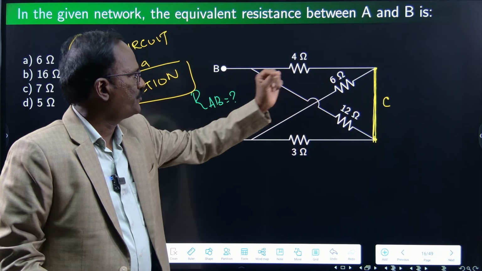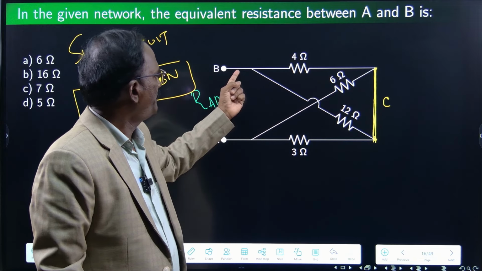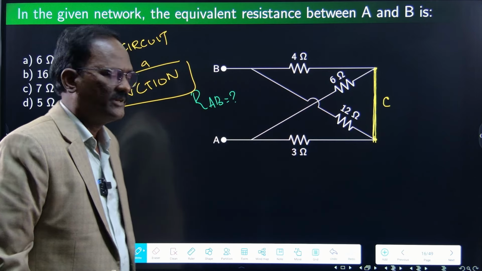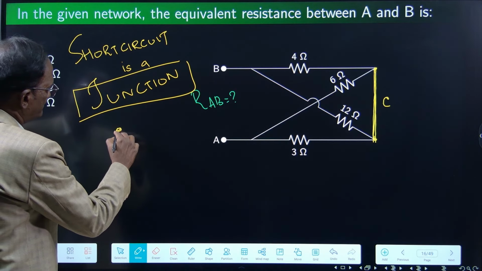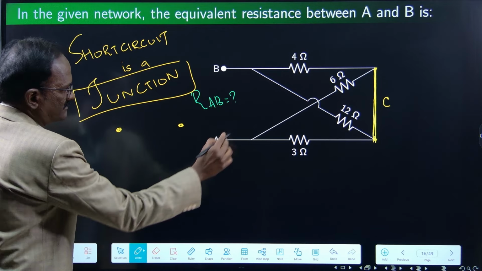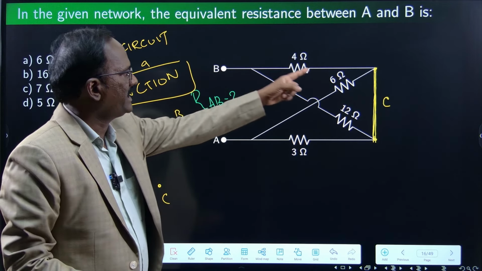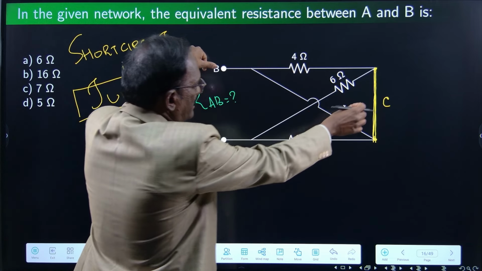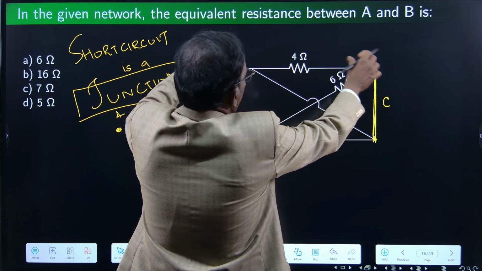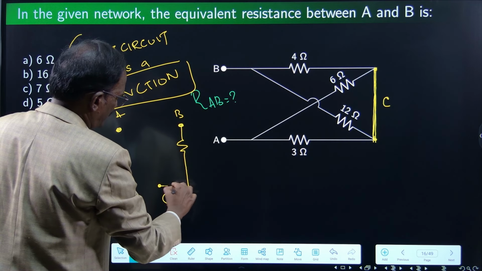B and C 4 ohms, A and C 6 ohms, B and C 12 ohms, A and C 3 ohms. Draw 3 nodes: A, B, and let me take C here. Between B and C, 4 ohms is connected.